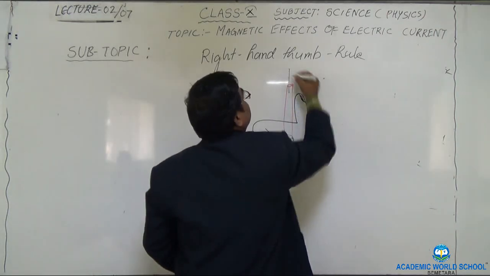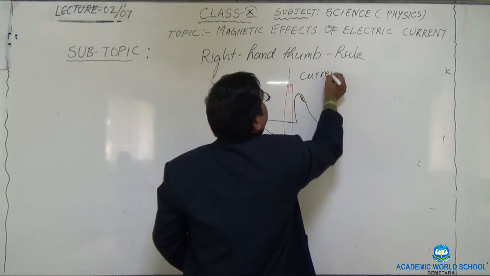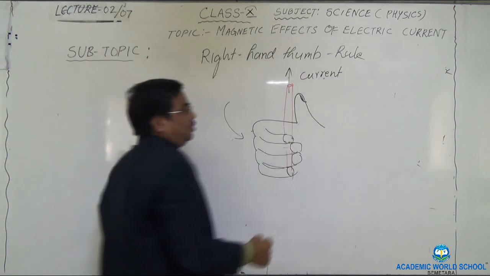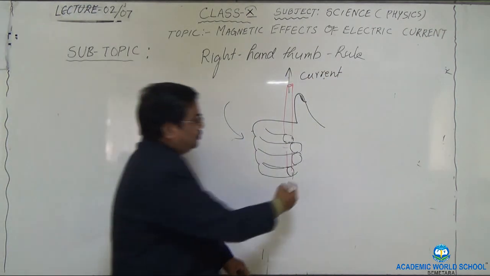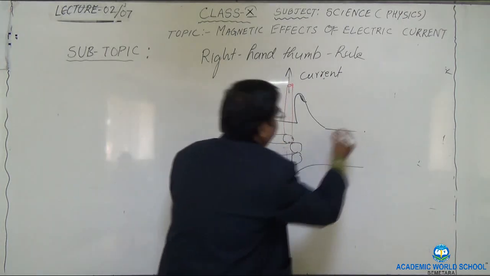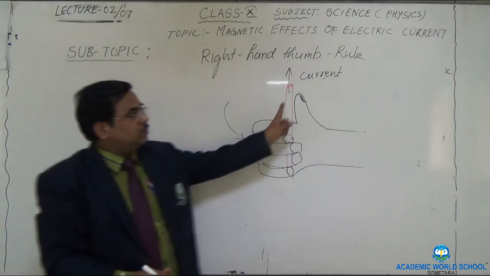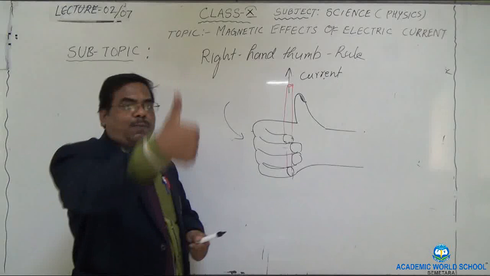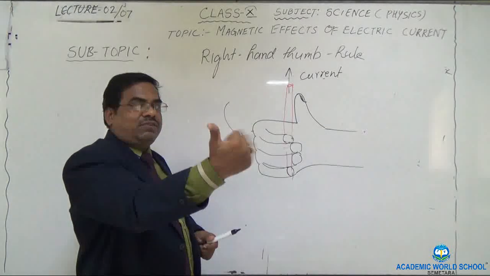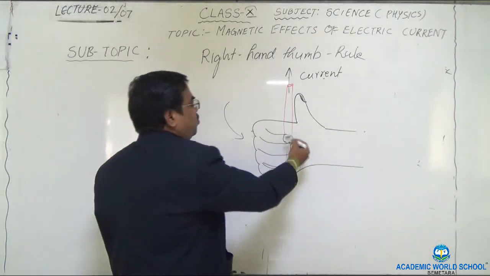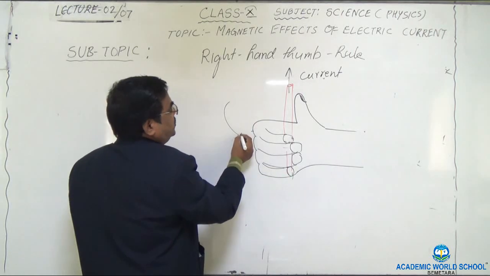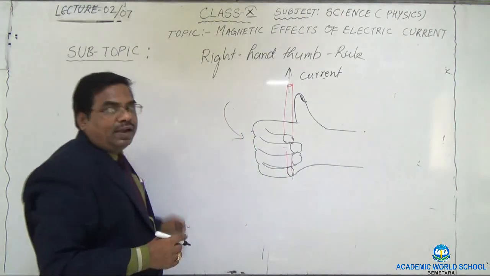This side is current. If the current is upwards, the direction in which the fingers move is the direction of the magnetic field lines.